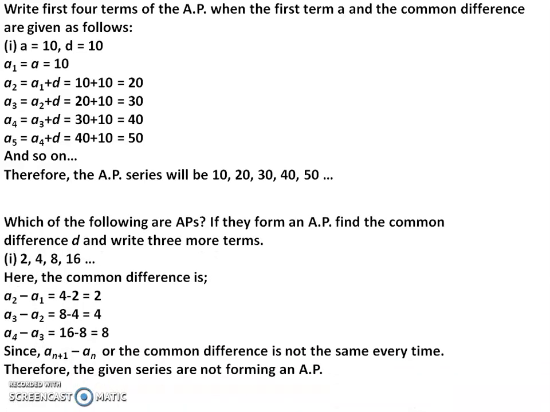You are going to check whether the sequence given to you is an AP. Just subtract the consecutive terms. 4 minus 2, 2. 8 minus 4, 4. 16 minus 8, 8. Are they same? No. If they are not equal, the given series is not an AP.